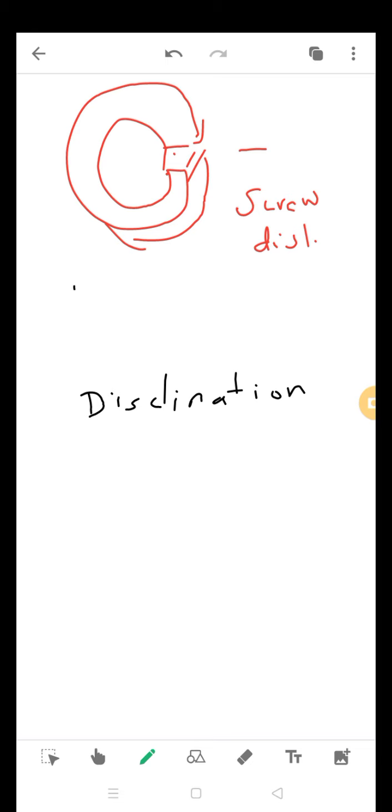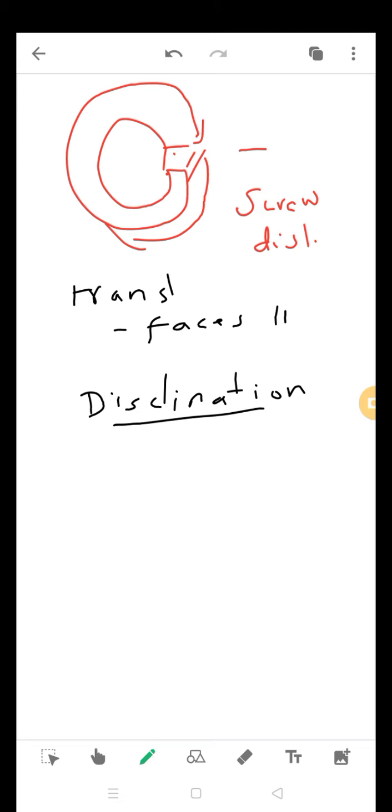So in case of translation, which we observed in dislocation, the important thing is that the faces of the atomic planes are parallel to each other, whereas in case of disclination, this condition doesn't hold.